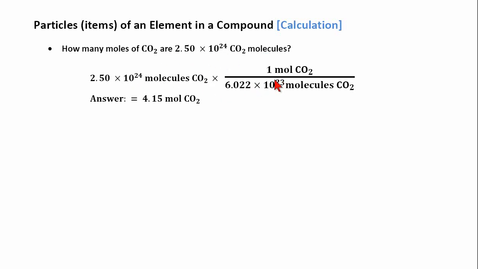We know 1 mole of CO2 is 6.022 times 10 to the 23 molecules. If you understand this definition right here, a mole of CO2 is Avogadro's number of molecules. You multiply those out and you get a quick and dirty answer of 4.15 moles of CO2. Very straightforward problem if you understand what they are asking.